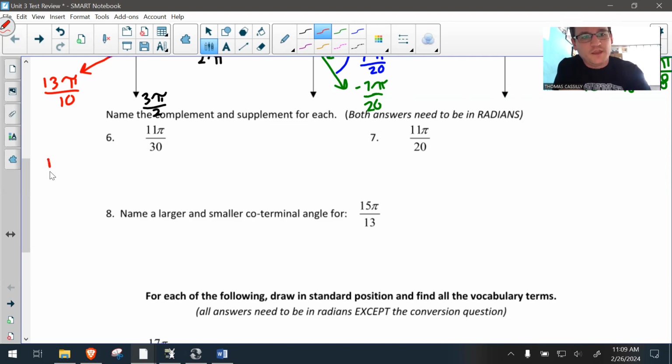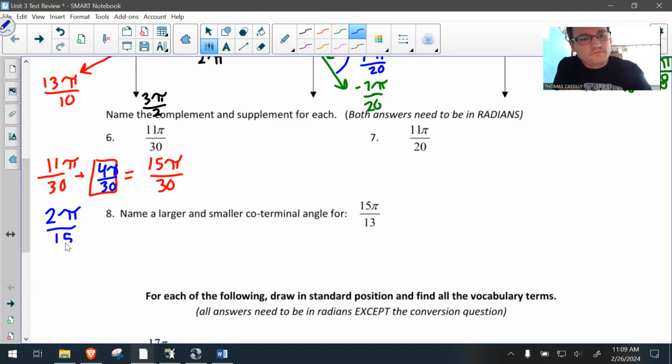So the complement, you got to think 11 pi over 30 plus what gets us to 15 pi over 30. Right? And the answer to that one, of course, is going to be 4 pi over 30. Now, anytime you have a fraction you can reduce, you should reduce it. So this one turns into 2 pi over 15. So that's your complement.